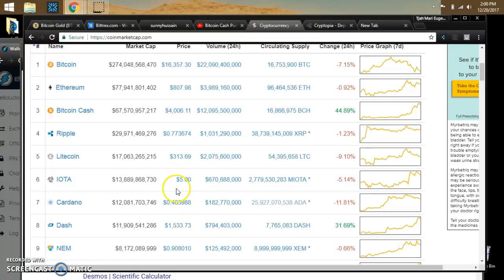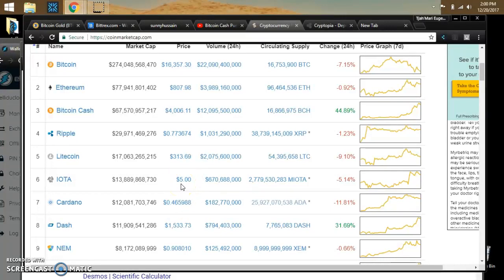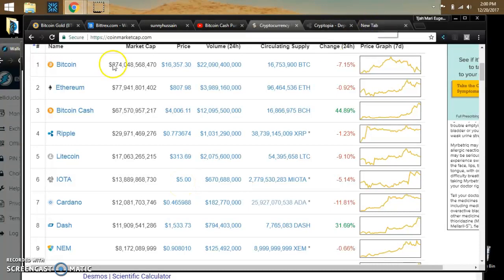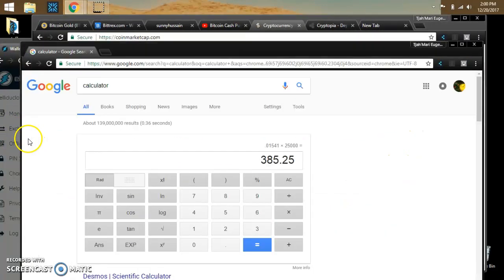So let's just say I put all of it into this. Let's just say. Okay, so that's $5 and I got 252. So let's go back to my calculator. Okay, so 252 divided by 5. So I would be able to get, what, 50 tokens of that?